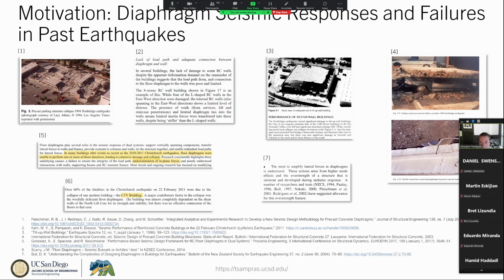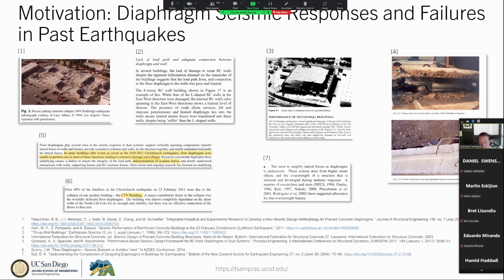Now, if I try to become a little bit more specific with respect to what our project aims to do, we can go back to the 1994 Northridge earthquake and recall the collapses in precast concrete structures and tilt-up wall buildings. These are special structures, but looking into the 2010-2011 Christchurch earthquake, we can see reported excessive damage and even collapse due to the poor integrity of the seismic load path.